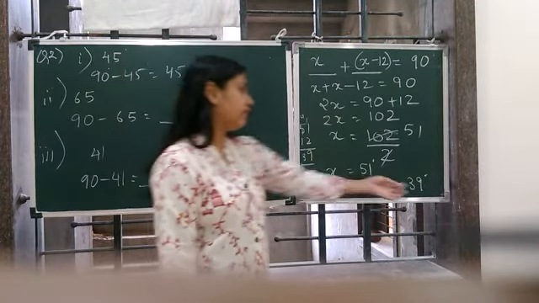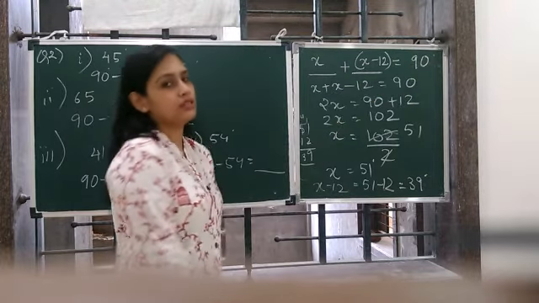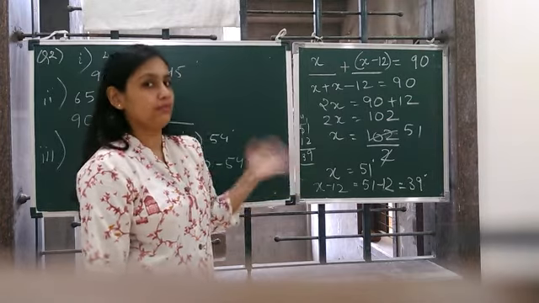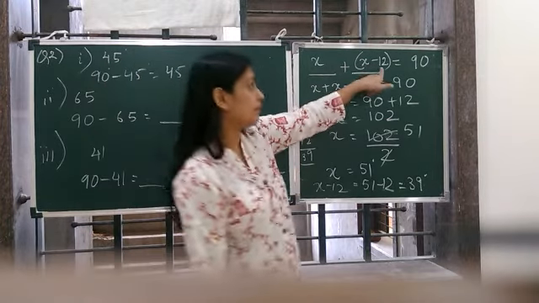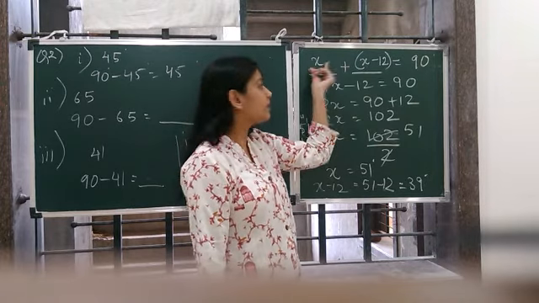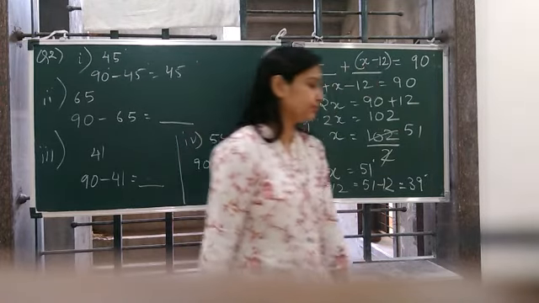If you add 51 and 39, you should get 90 degrees, because they are both complementary angles. And the difference of them, if we subtract the two, we should get 12. So we assume one angle as x and the other as x minus 12. Got it?